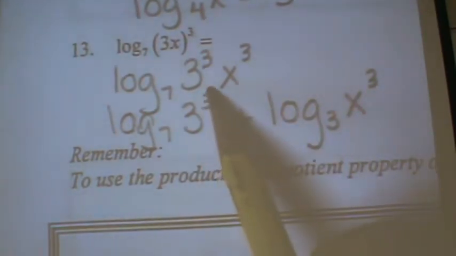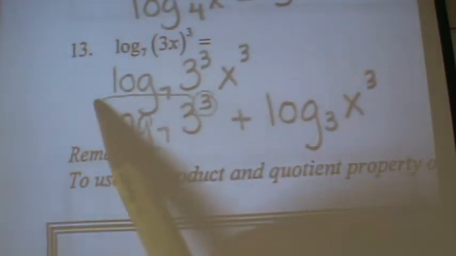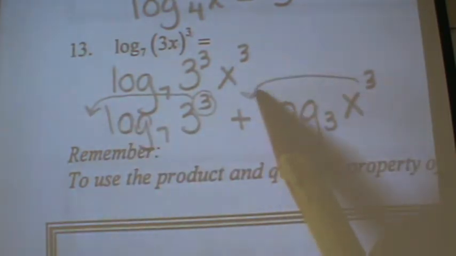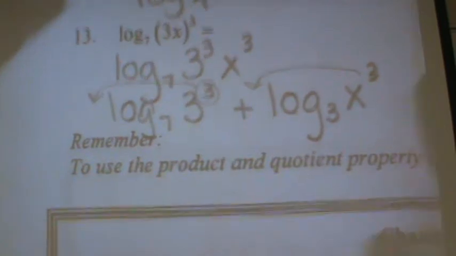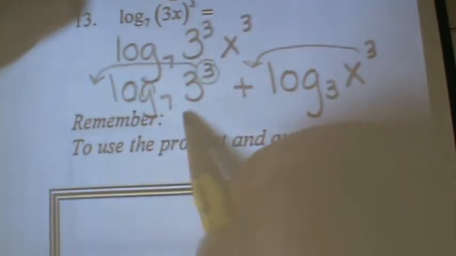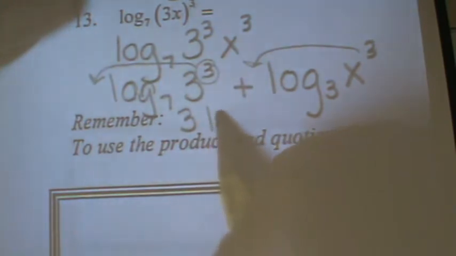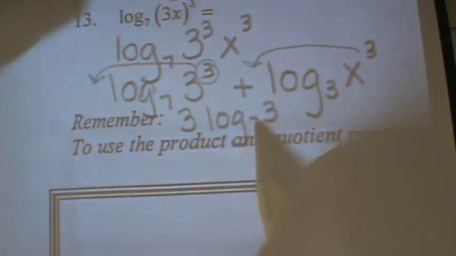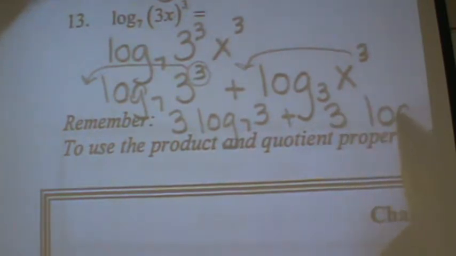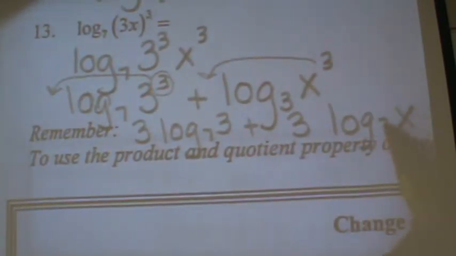Yeah, you can take this, you can make that 9, right? Or no? This 3 goes in front, so 3 log of 7 base 3 plus 3 log of x base 3.